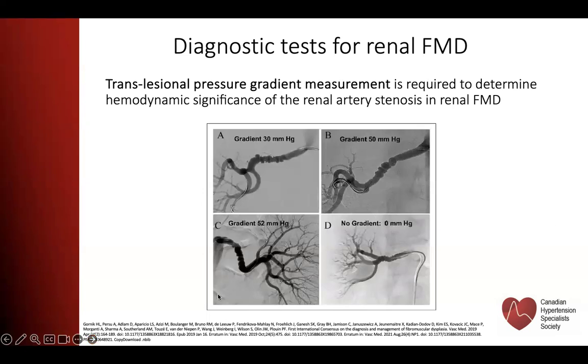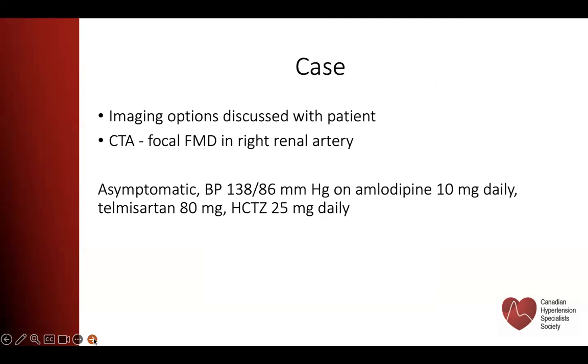And in picture D, there's actually no significant stenosis here. And so translesional pressure gradient measurement is recommended in order to determine if a lesion is hemodynamically significant, and imaging alone is insufficient.